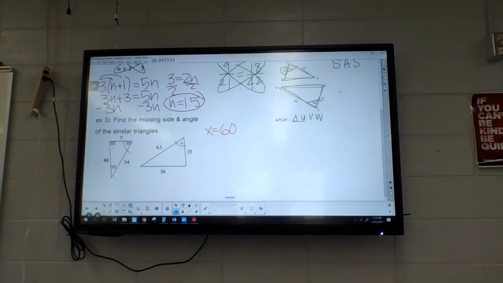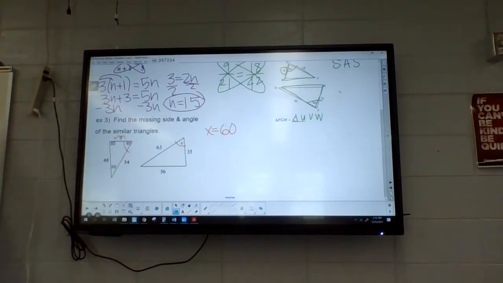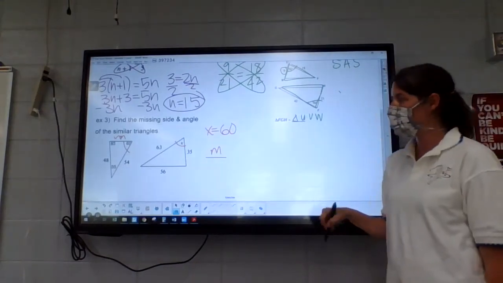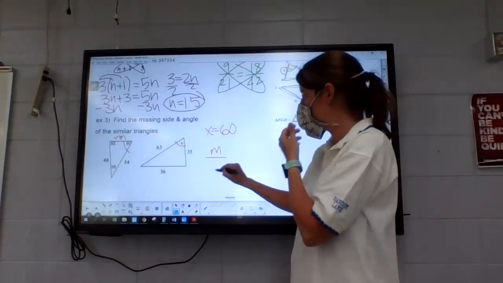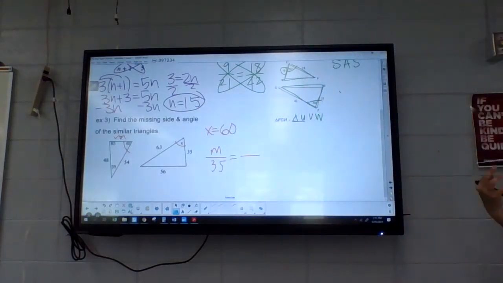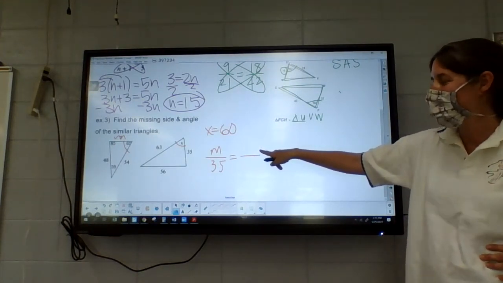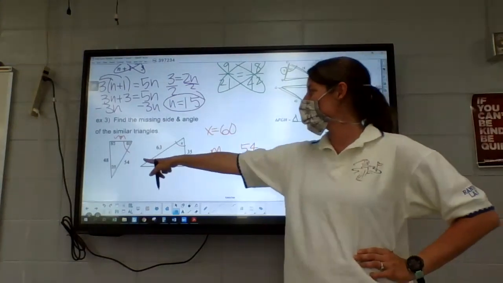And then they want us to find that unknown side, so let's just call that M. So if I want to find M, which side does it go with in the other triangle? 35. And then I basically can pick any 2 other sides that go together. So tell me the next part that you want to put up here. I heard 54 louder, I guess we'll go with 54.